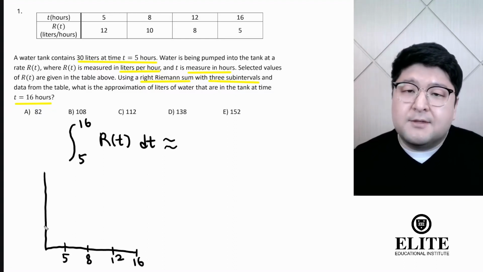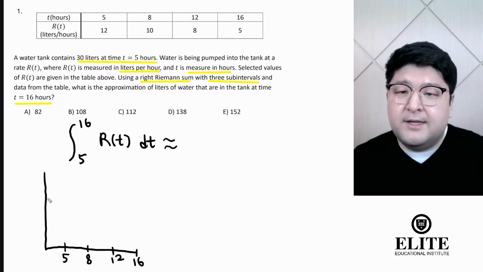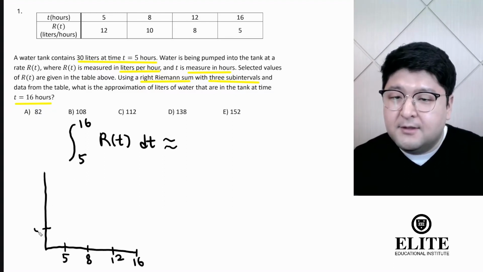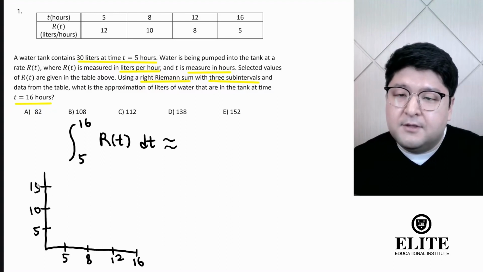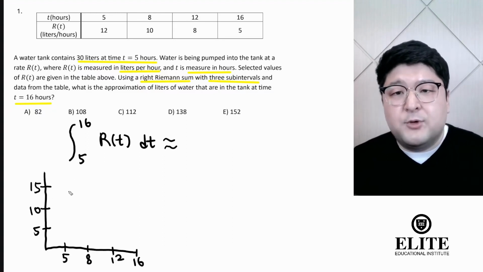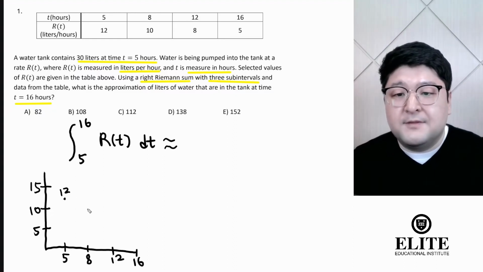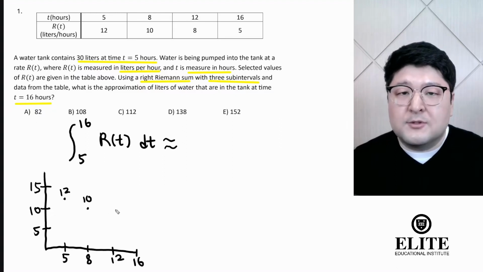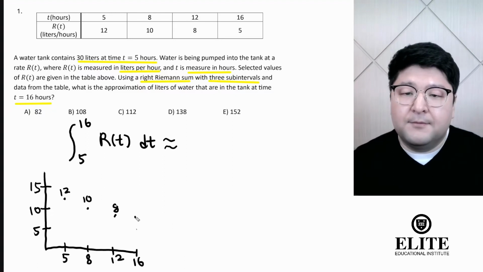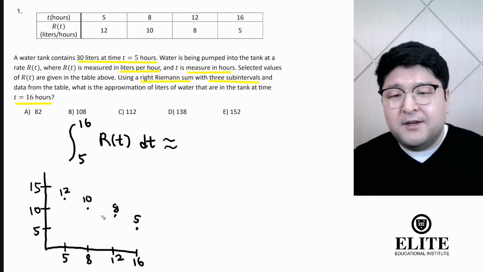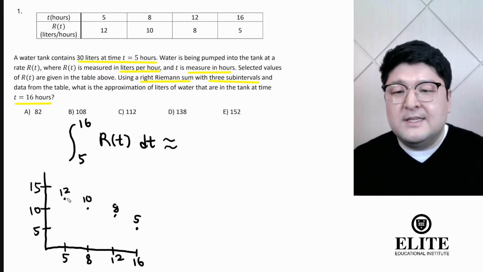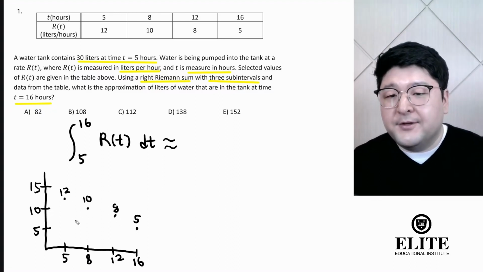At t equals 5, we have 12. At t equals 8, we have 10. At t equals 12, we have 8. And at 16, 5. So we can already see that as time goes on, the rate at which the water is being pumped in is decreasing.